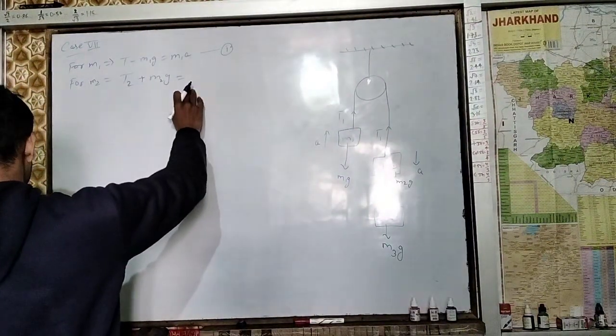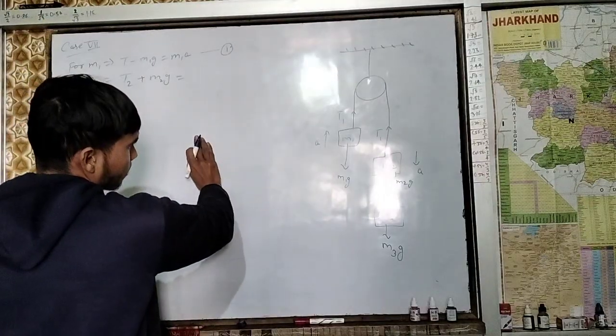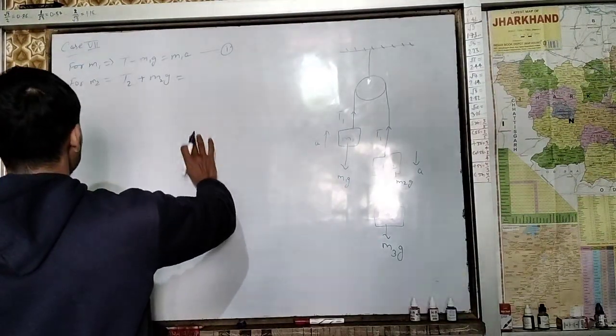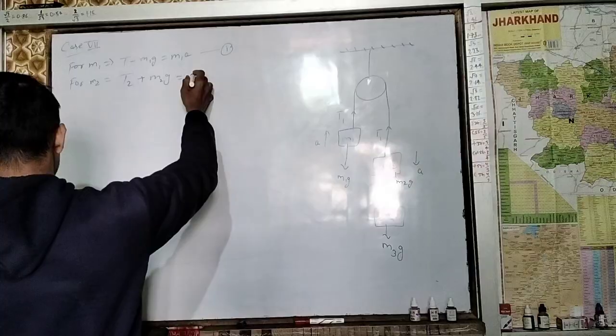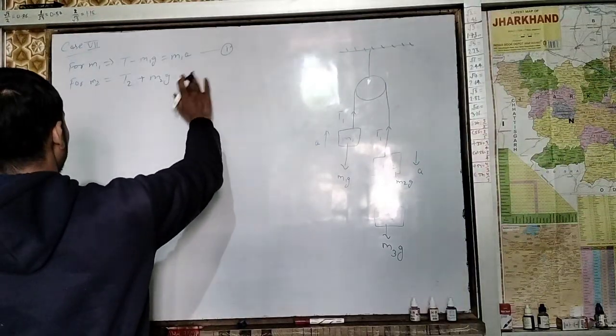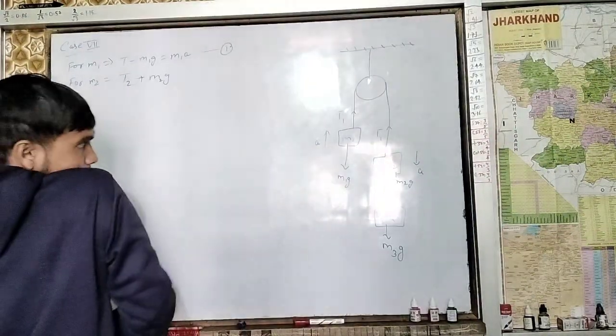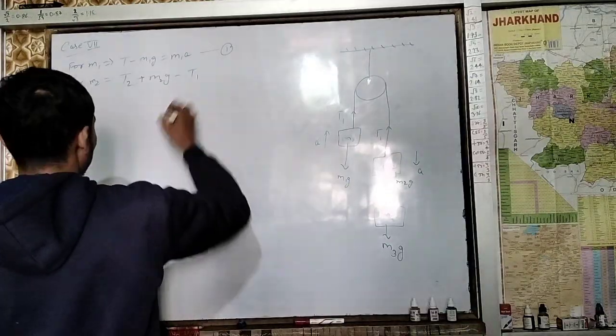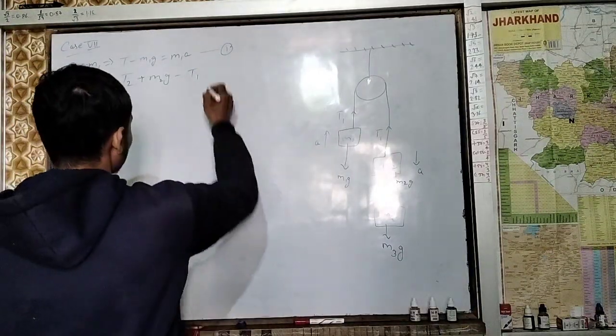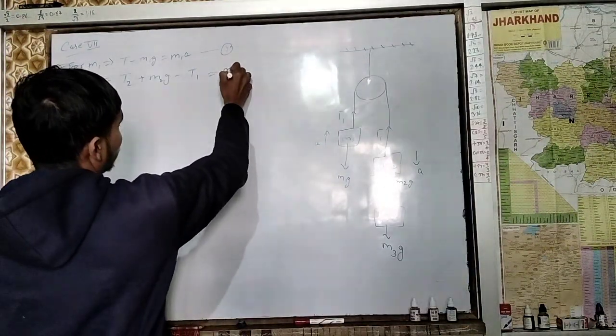T2 plus M2Z minus T1 will be equal to M2A.